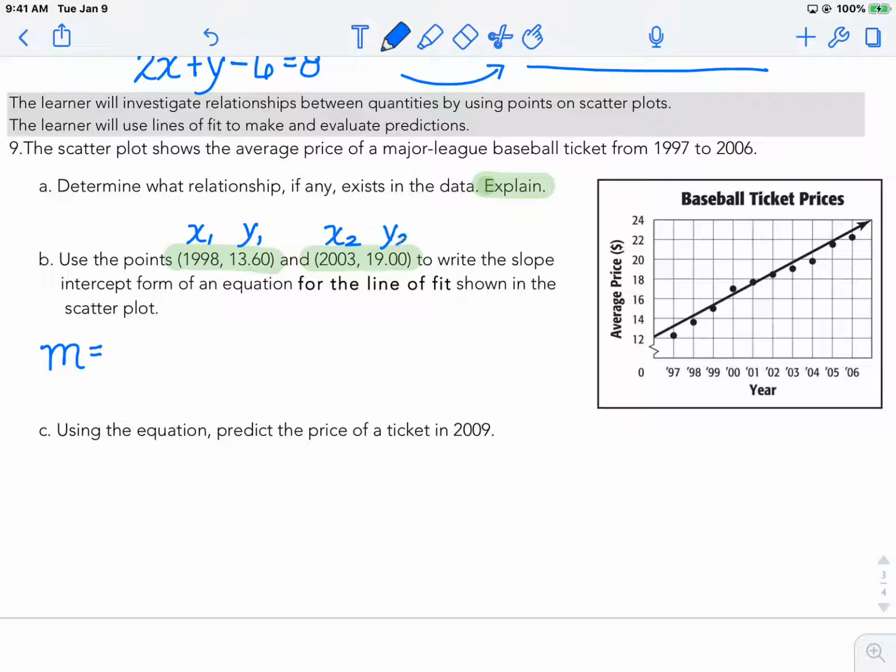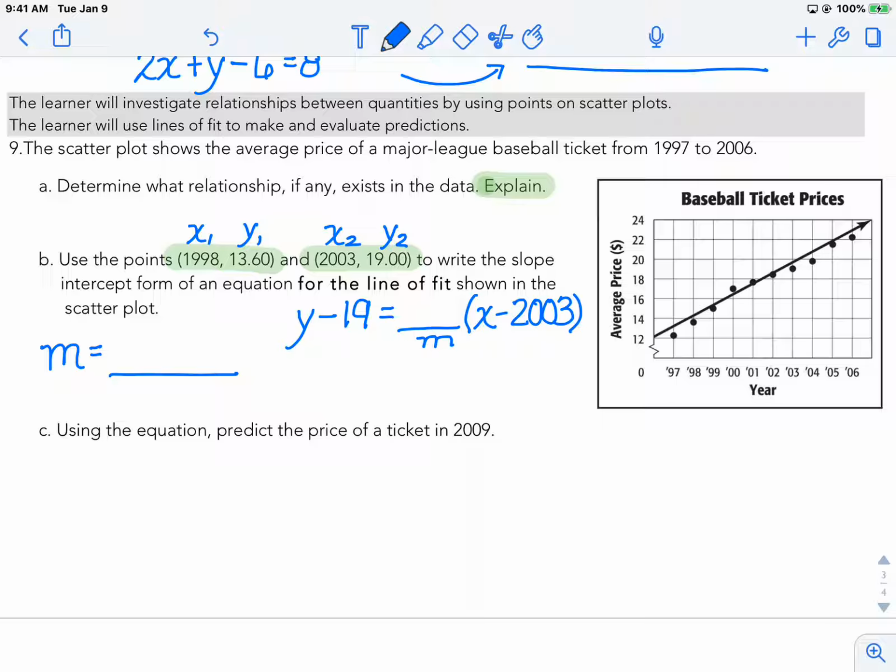And you're going to want to calculate slope. Then you're going to want to take that and put it into, I would start in point slope form. y minus, I'm taking my y from the second ordered pair, you'll have a slope, x minus 2003. Okay, and my slope's going to have to go in there.